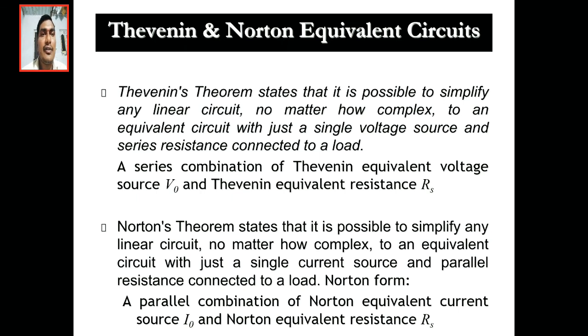But in Norton's, that voltage source becomes a current source, and that series combination becomes a parallel combination. So in Norton's, the current source is connected in parallel with the passive element. Okay, so these two theorems are dual to each other. In this way we will solve many problems on Thevenin's and Norton's theorems. Okay, this is for today.